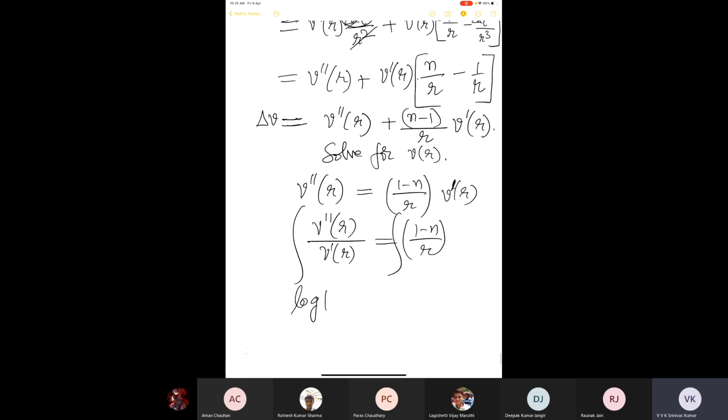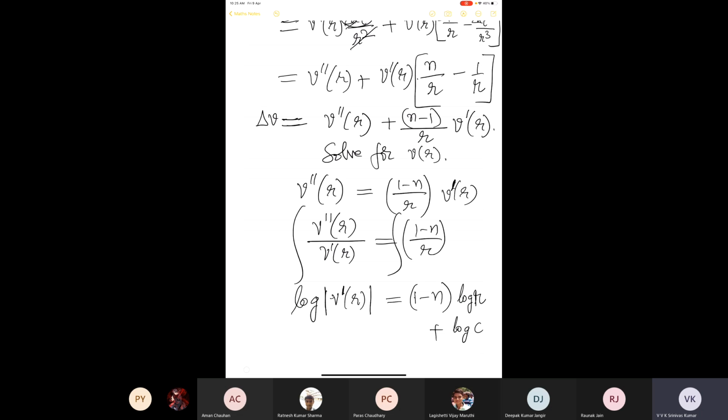This is ln mod v prime of r is equal to 1 minus n times log r plus log c.